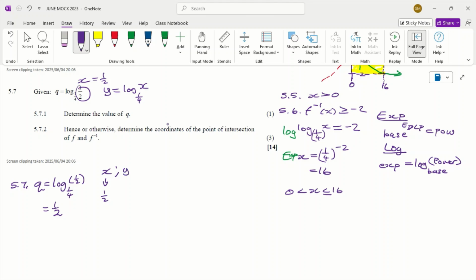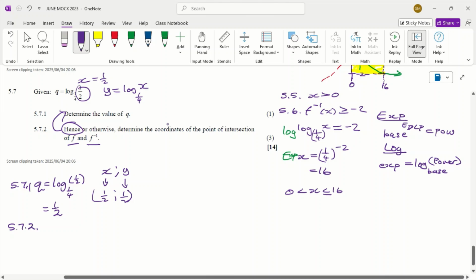Now, if you look at f of x here, which is 5.7.2, f of x is equal to 1 over 4 to the exponent x. Then the inverse of the function is equal to the log of 1 over 2 here as your power.